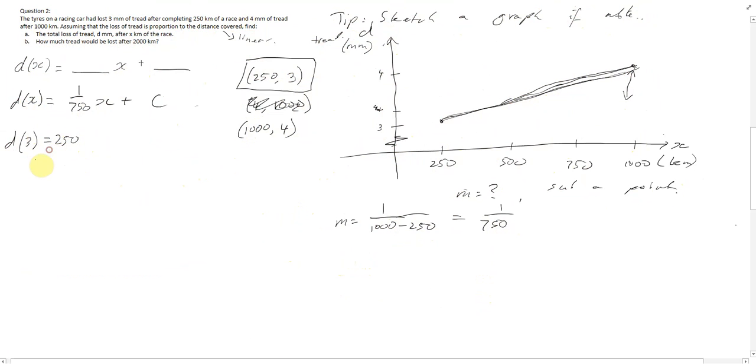So 250 equals 1 on 750, we're subbing it in, x is 3, plus c. So we have 250 equals 3 on 750 plus c. Now 3 on 750 is also 250.